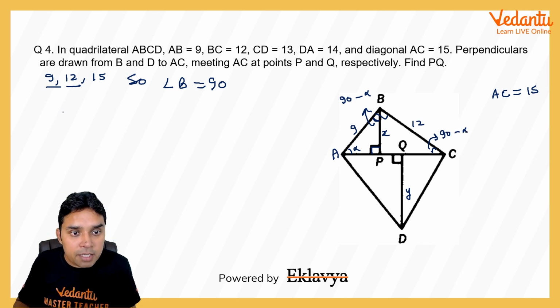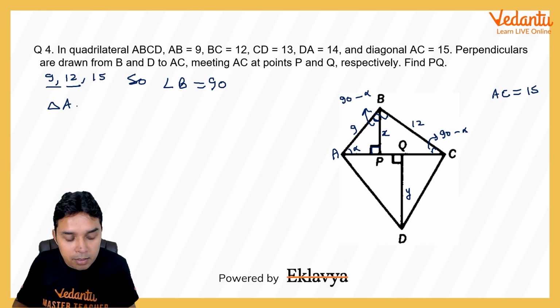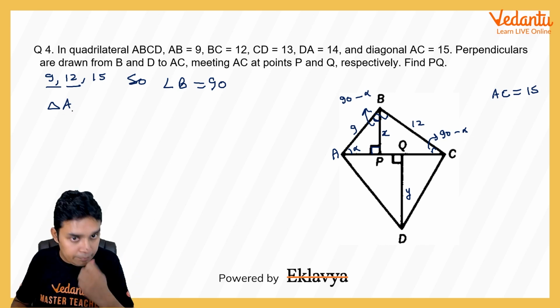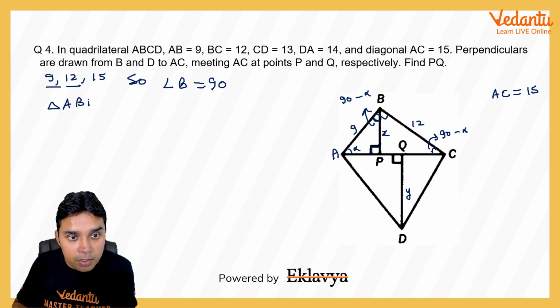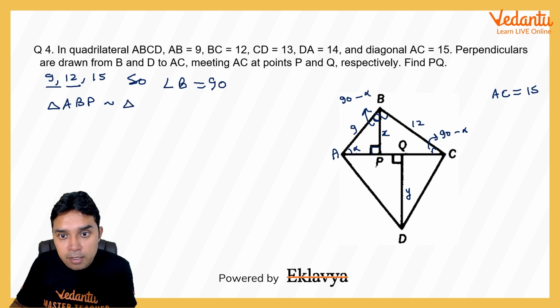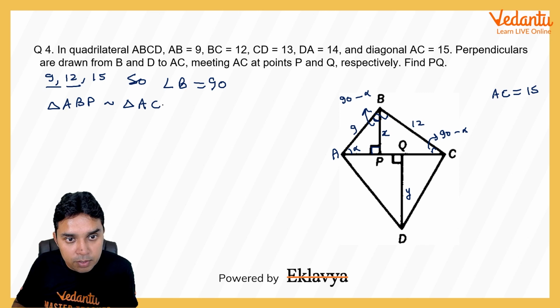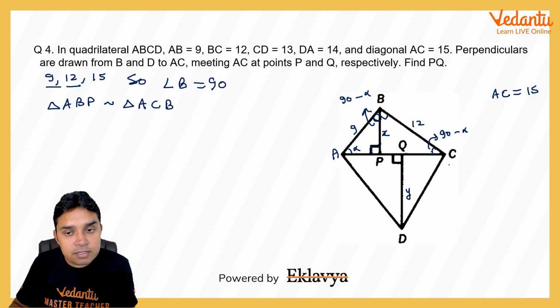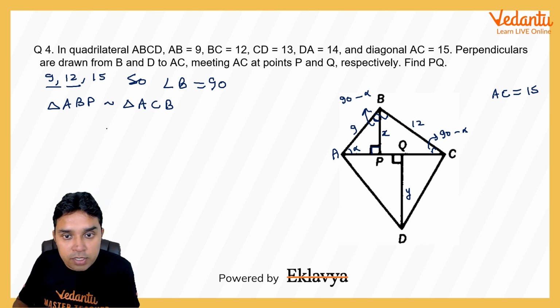Okay, so you can see the triangle ABP is similar to triangle ACB. It can be checked. ABP and ACB, they are similar triangles. So if they are similar triangles and I take the ratio of corresponding sides, it can be seen that AP upon 9, AP is opposite to 90 minus alpha and 9 is opposite to 90 degree.